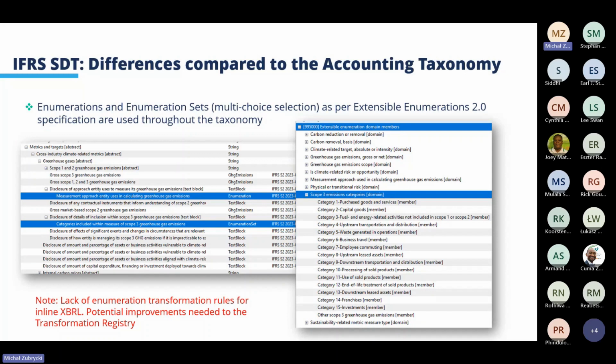So it allows this data to be transformed to an XBRL valid format, because XBRL is a technical language and it has certain constraints. One of the constraints is the data type for elements. So these things that you can see here, like string, enumeration, text block, GHG emissions, whatsoever. These data types will define how we can measure a given piece of information, whether it's a text, a decimal value, or a monetary value that needs to be assigned a currency attribute.